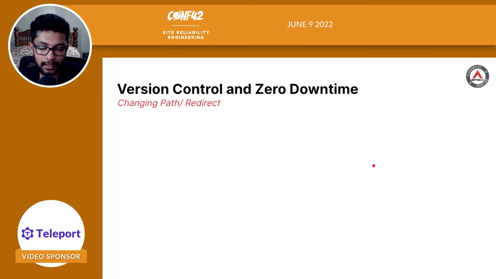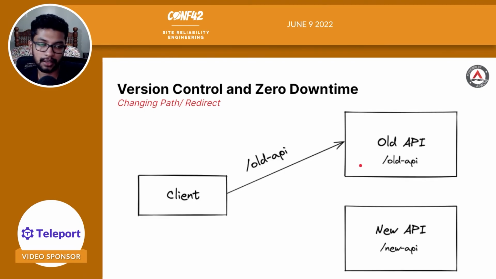And finally, there is also this case of creating new APIs or changing APIs. So what happens when you change the path of your API? How does it affect users, and how can you ensure reliability in such a case?